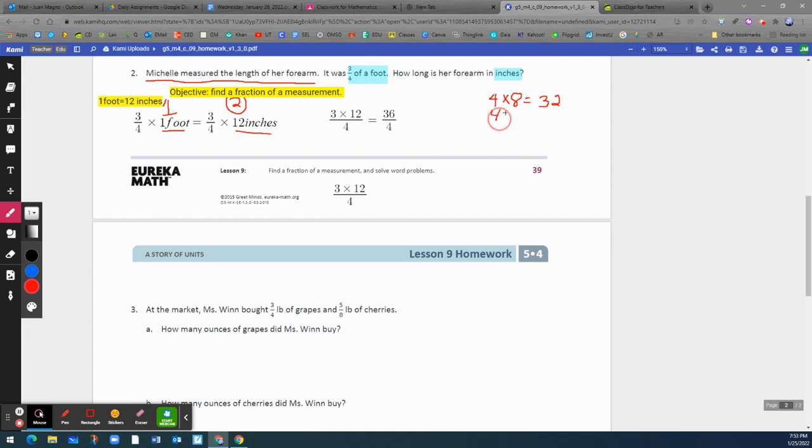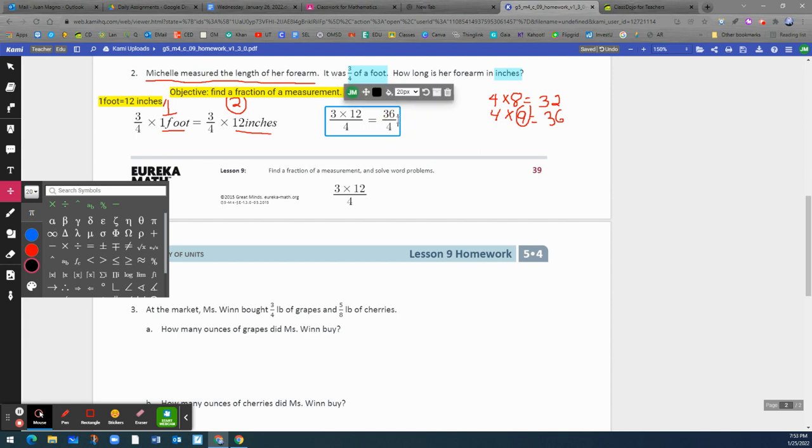Oh, and look at this, 4 times 9 is going to give us a whole number. 4 times 9 equals 36. So now we know that the answer for this problem is 9. That will be the quotient of that division. So now we know that it is 9 inches.